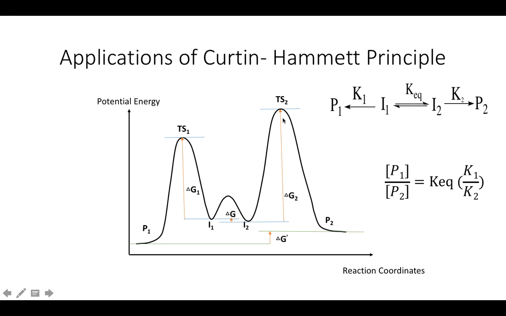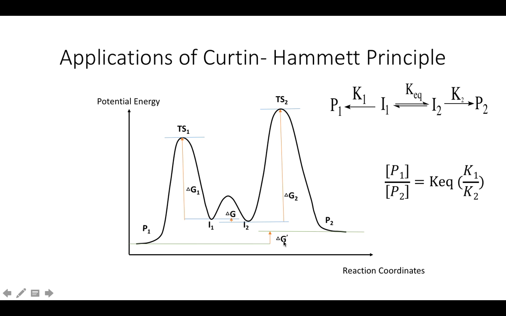According to this reaction coordinate diagram, delta G1 and delta G2 are the major factors determining the diastereoselectivity. You can see delta G1 is less than delta G2. That means the pathway to product 1 has less energy barrier than the other, so product 1 is the major product from this entire reaction.